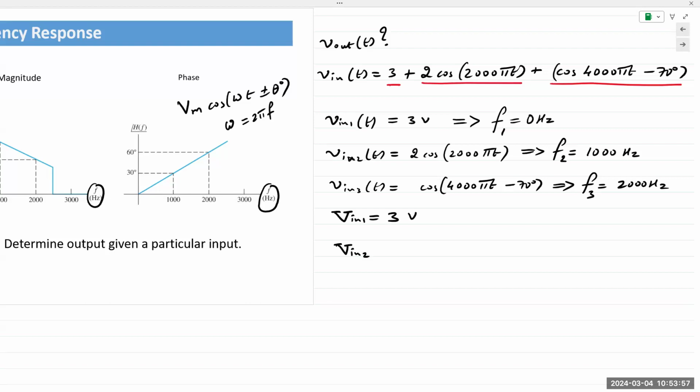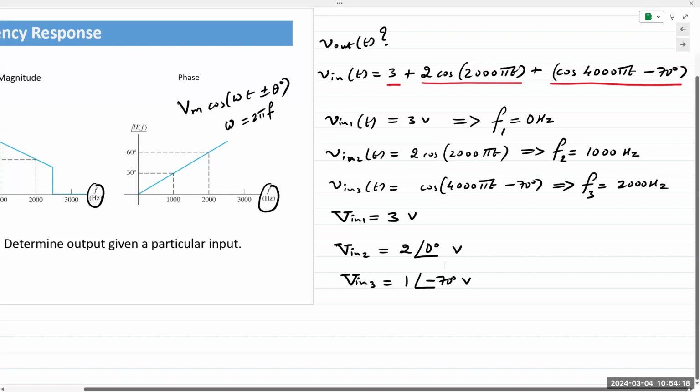V in 2 would be 2 with an angle of 0 degrees. And V in 3 would be 1 with an angle of minus 70 degrees. Those are the three phasors for the three input voltages.